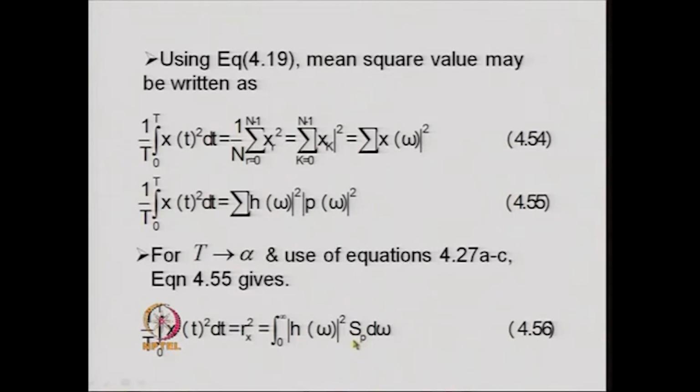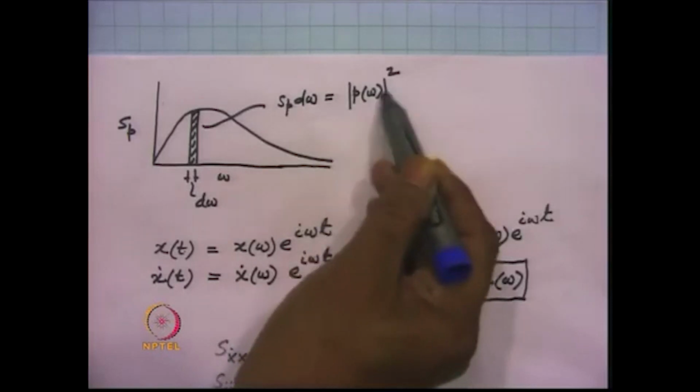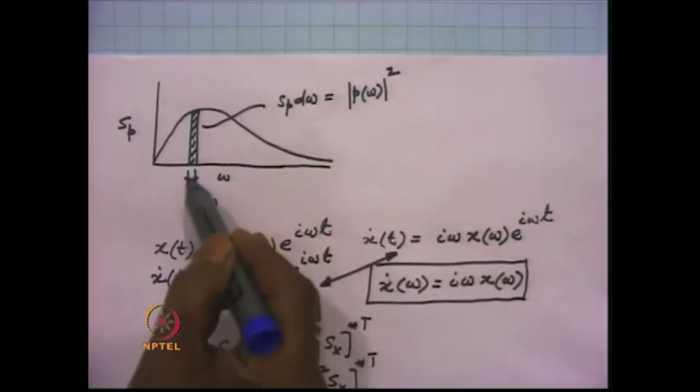Now, this can be shown with the help of this diagram. Say this is the power spectral density function of P. Then if I take a small element over d omega, then d omega into Sp becomes equal to the absolute value square at this particular omega.